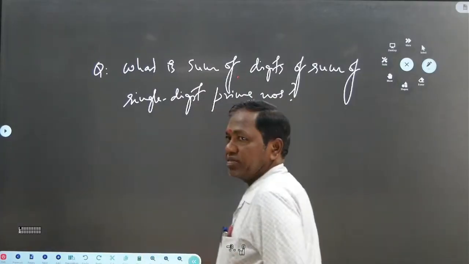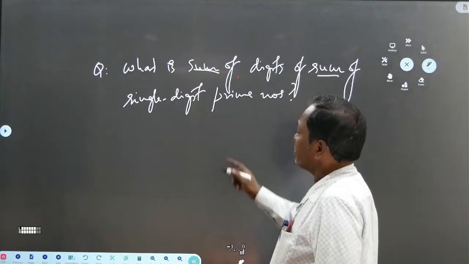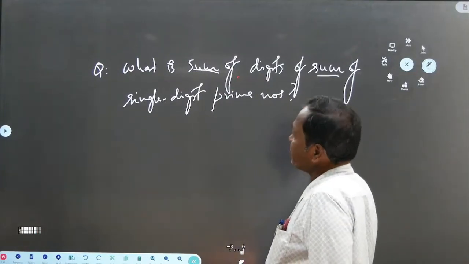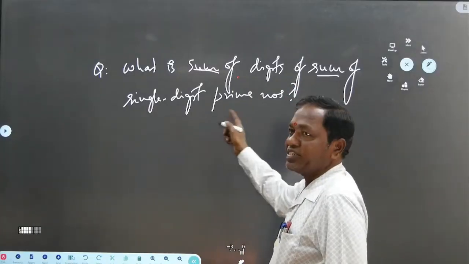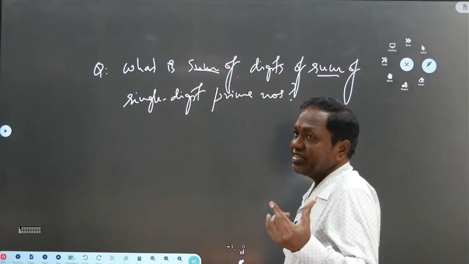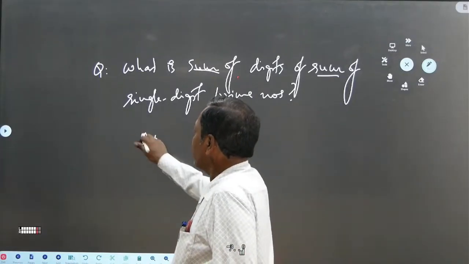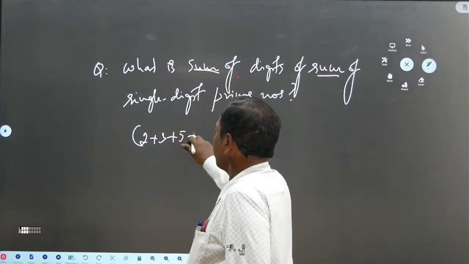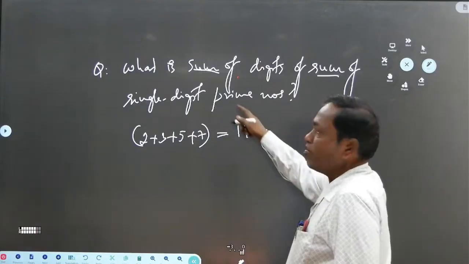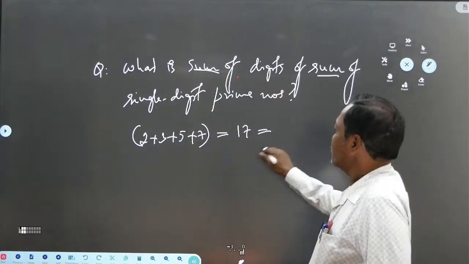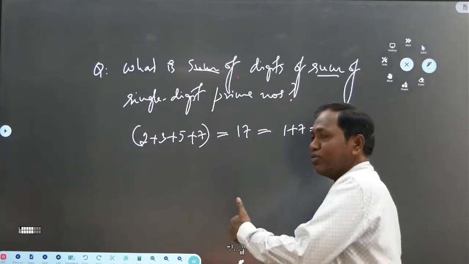Read carefully, the reverse way. The sum of single-digit prime numbers is 2 plus 3 plus 5 plus 7: 5 plus 5 is 10, then 17. Then what is the sum of the digits? 1 plus 7 is 8. They may go a little further also.